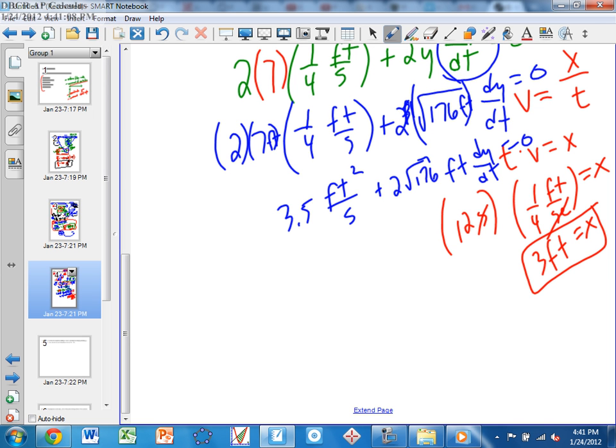Now, there's one key along the way that's going to come up, and it doesn't matter which way you do these problems, but there's one thing you need to notice. What kind of an answer are you going to get if you do it the way we're doing it right now? What is it, Christian? A negative. Because again, you're going to subtract 3.5, then you're going to divide by that 2 over 2 radical 176. So you're going to get a negative. But what does dy/dt represent again?